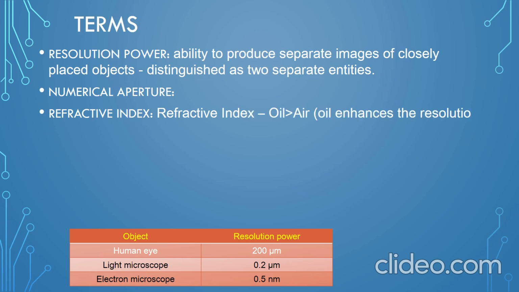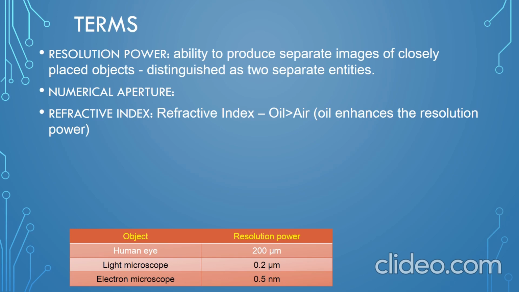The total magnification power, if you see the object in the scanner, is 4 multiplied by 10. That is the magnification of your objective lens, the scanner, multiplied by the magnification power of the ocular lens. So it is totally 40 times you are magnifying the original image.